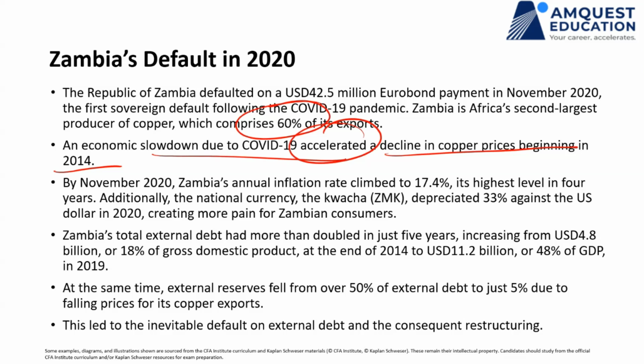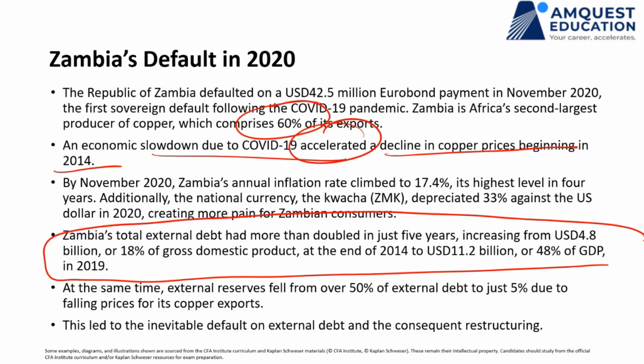Zambia's total external debt had more than doubled in just 5 years, increasing from USD 4.8 billion, or 18% of GDP, to 11.2 billion, or 48% of GDP. Now, I don't know how much weightage you should give to these things, but this number looks very high.